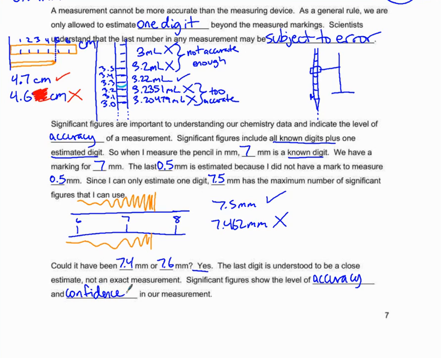And remember, our accuracy and confidence is determined by the measuring tool. Just because you're a very confident person does not mean that your measurement is any more accurate. So we have to stick with the accuracy and confidence of the measuring tool.